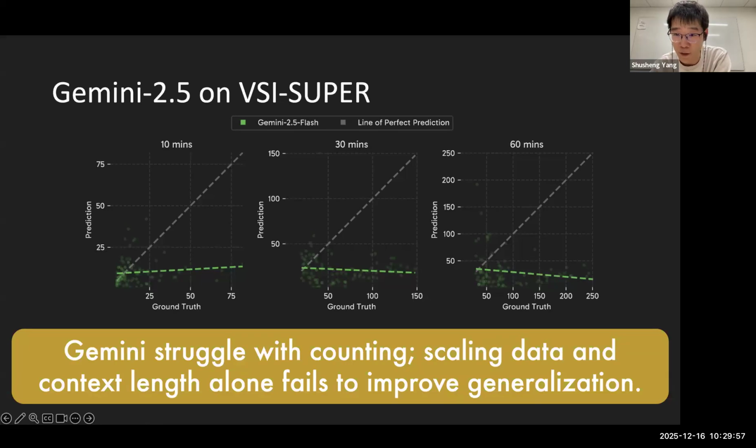And in this 1 hour video, Gemini's prediction is also below 15. So this means the current multimodal models find this kind of counting task really hard, and scaling data, context length, or the number of model parameters alone fails to improve generalization across different ground truths.